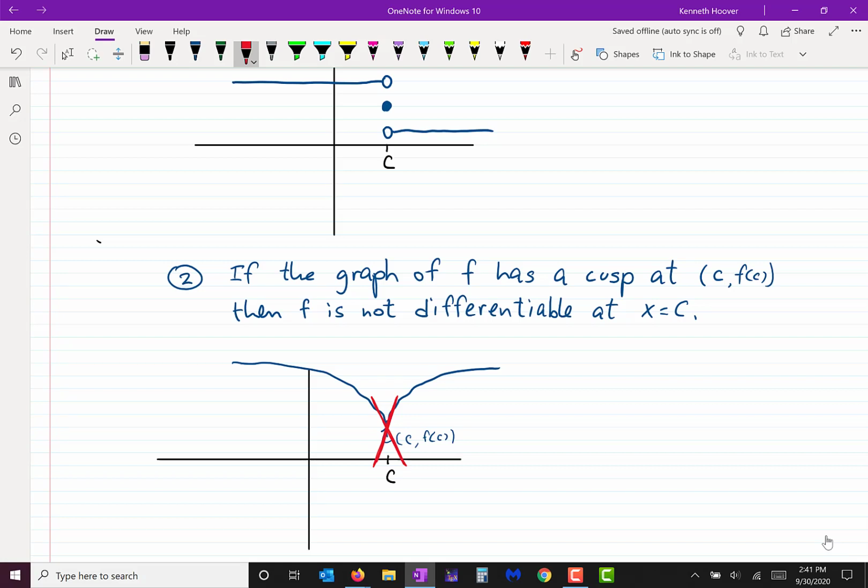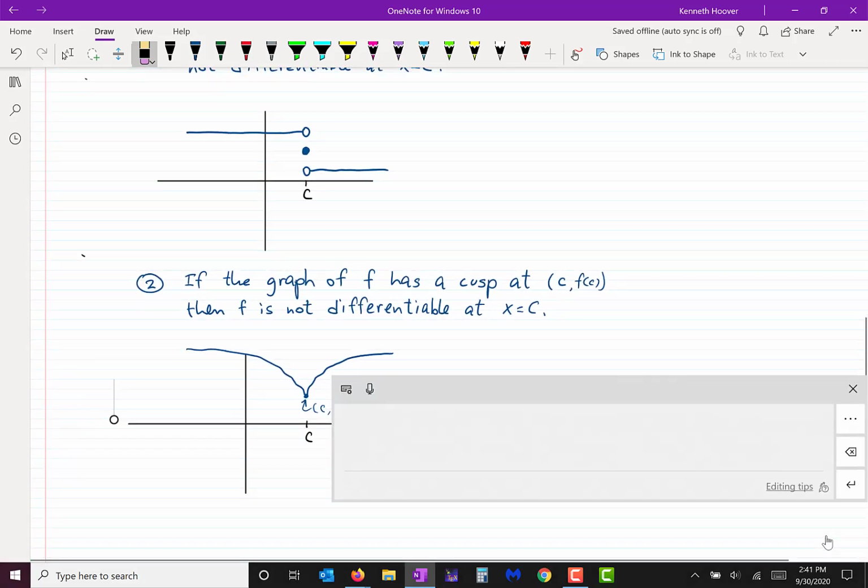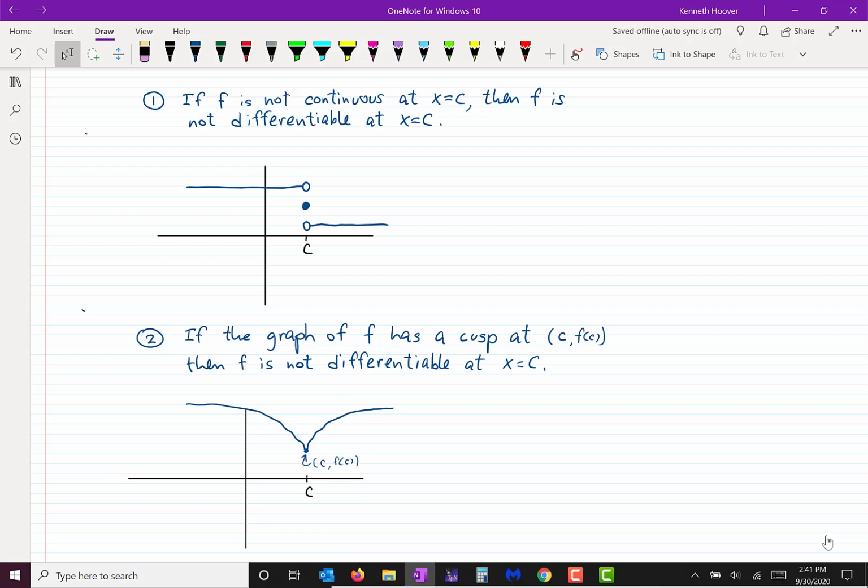And if you can't say this is the tangent line, then you can't tell me what the slope of the tangent line would be. And if you can't find the slope of a tangent line, that means you can't find a derivative. Okay? Those are the two most common situations where a function fails to be differentiable.